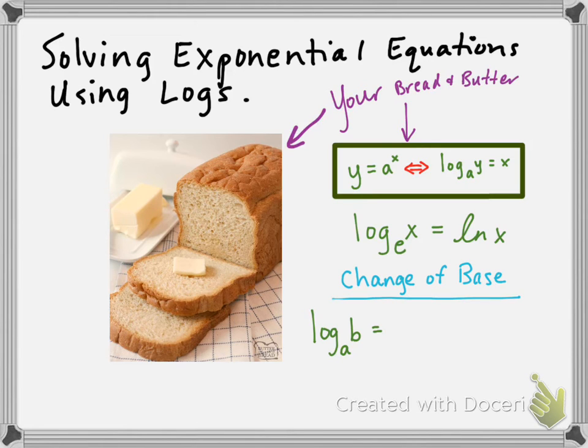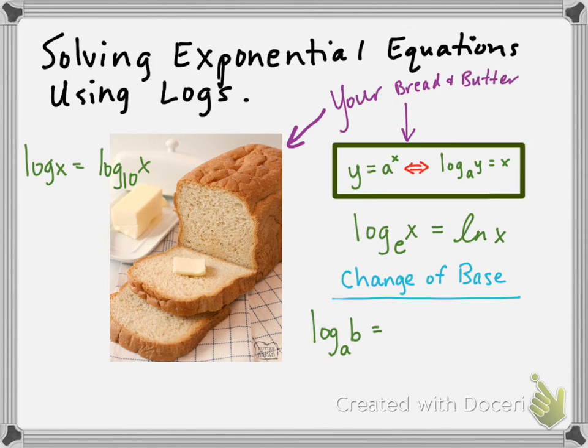So log of x is the same as log base 10 of x. When you just see log without a base, it means the base is 10. And whenever you see an ln, that's the same as log base e of x. If you want to write it as log base e of x to help you solve these equations, that would be fine as well.